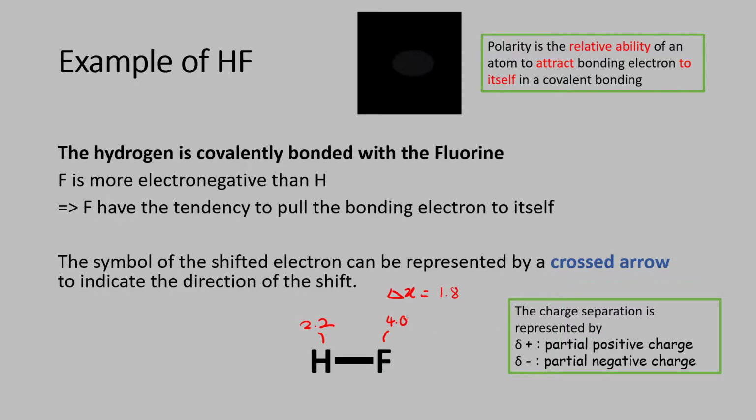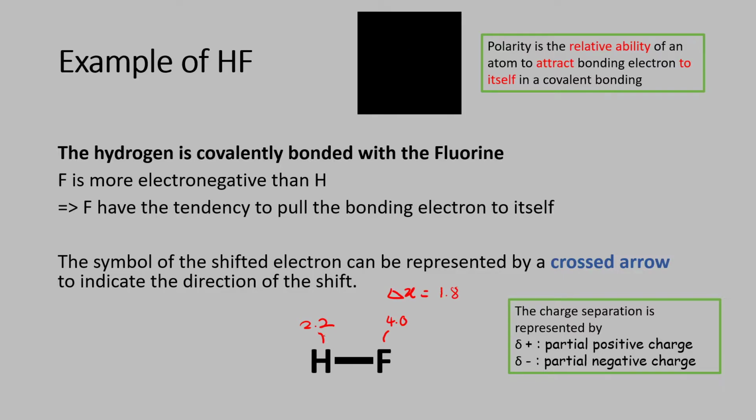Yes, 1.8. So it is very electronegative kan, the fluorine. So fluorine ni dia nak tarik those electron dekat diri dia. While hydrogen ni adalah semua dia punya elektron dah tertarik oleh fluorine. So this molecule is polar.